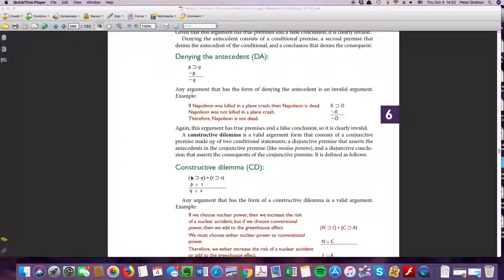So let's just think this through for a moment. If the premises are true and it leads to a true conclusion, this would be a line that you would have on your big truth table, right? Well, let's work this out. We know that the and, if this statement is true, the and means that both of these have to be true.